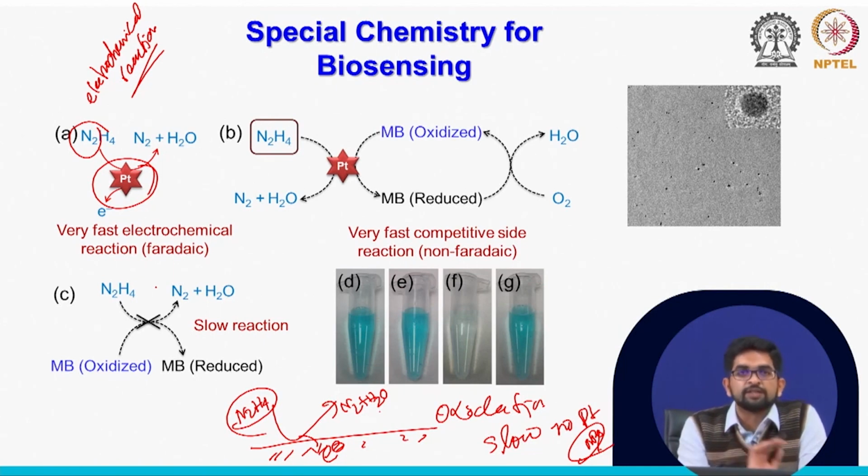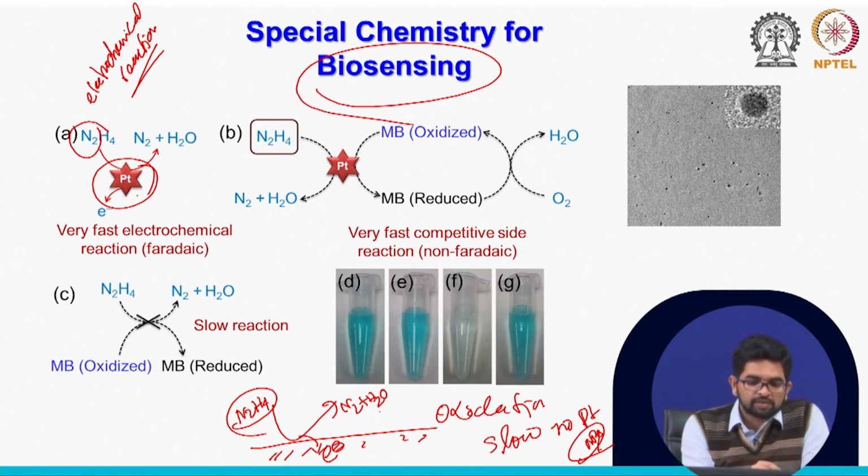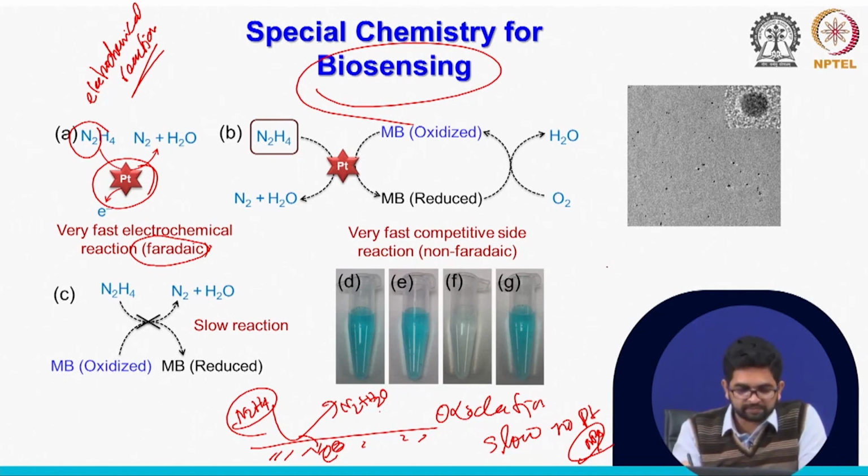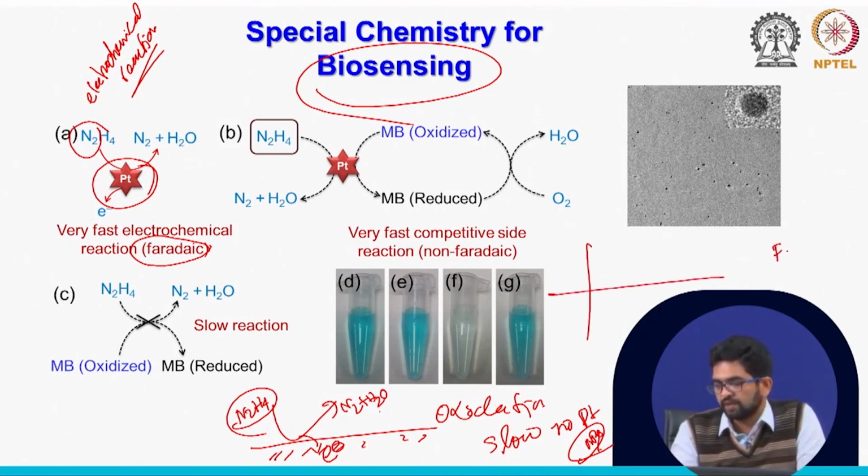Let's understand the theory first. This is not just theory, this is your very basic concept that you want to use for biosensing. Okay, so we are very familiar with this: hydrazine can react on the platinum nanoparticle surface very fast, and this is actually a Faradaic reaction. What is a Faradaic reaction? Suppose you have potassium K4Fe(CN)6, and you measure the cyclic voltammetry, you can remember, right?